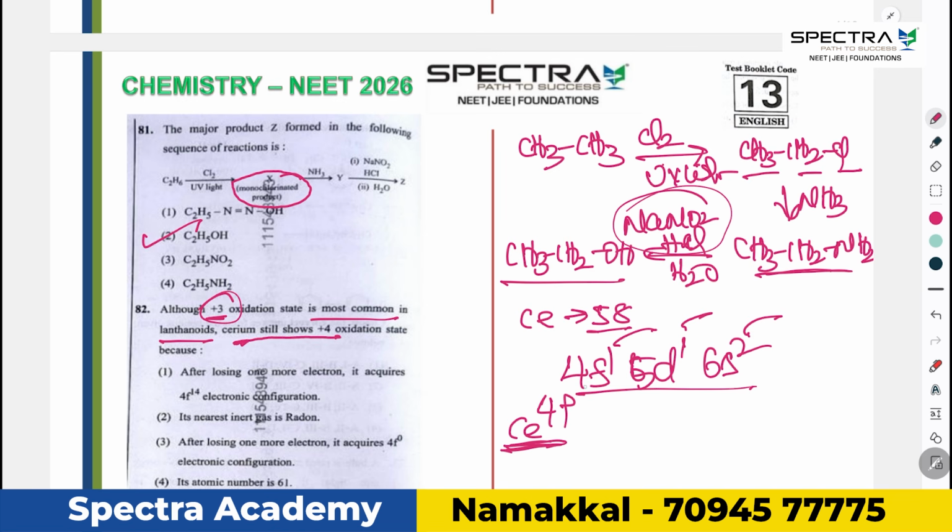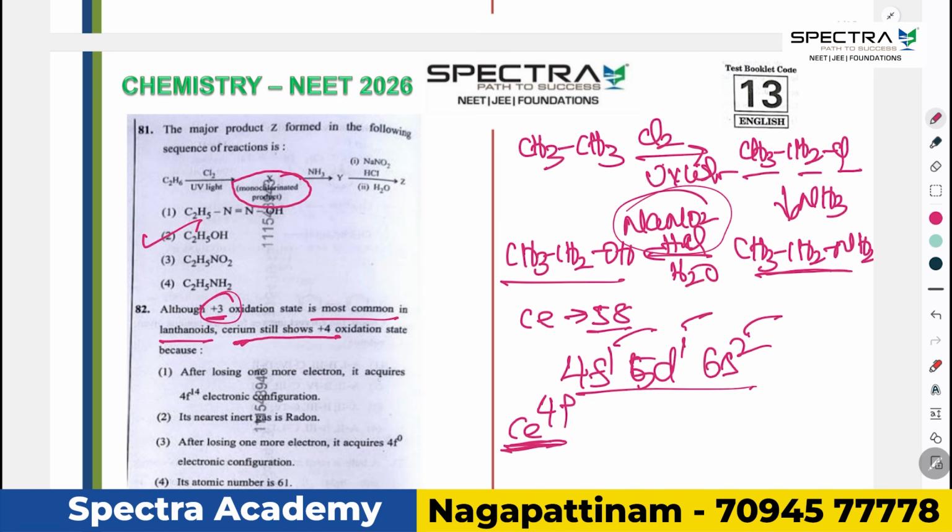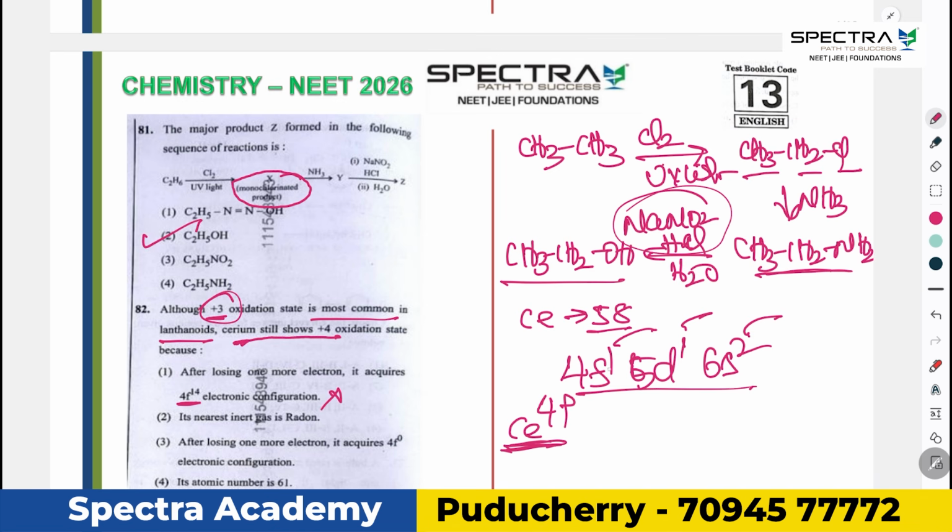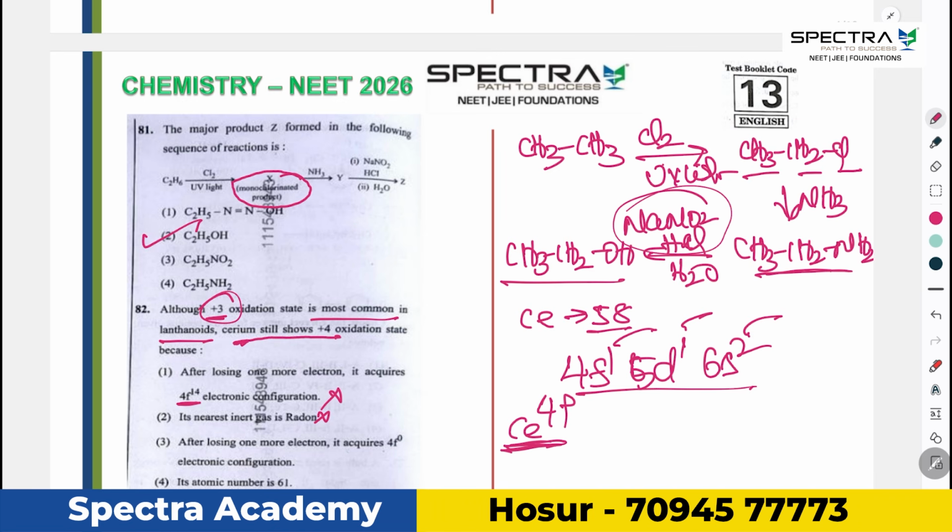After losing, 4f0 is stable. Here you can check the options one by one. After losing one electron, it acquires 4f14 electronic configuration, wrong. 4f0, its nearest inert gas is radon, wrong, it is xenon. After losing one more electron, it acquires 4f0 electronic configuration, that is the correct option. Its atomic number is given as 61, but actually the atomic number is 58.